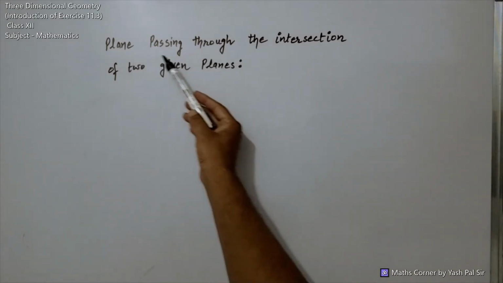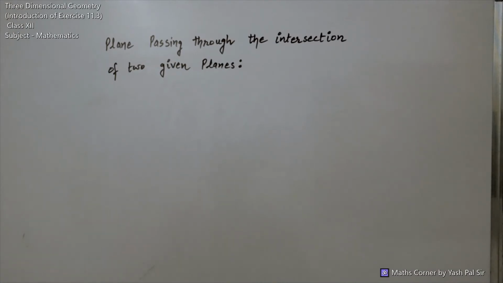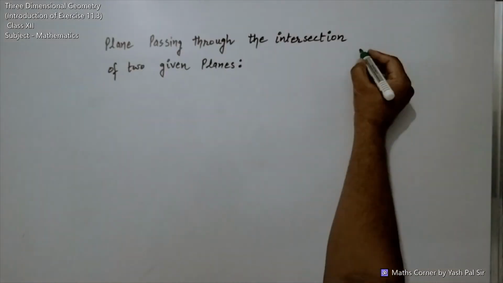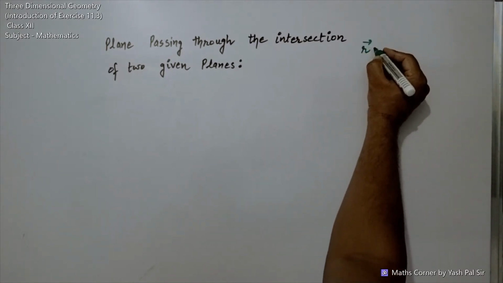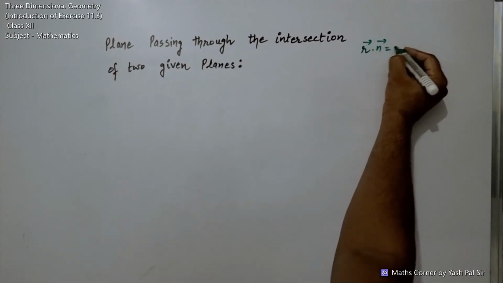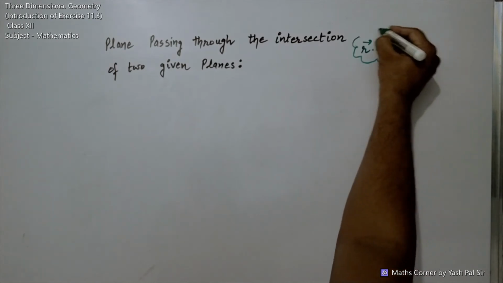Our next target is how to find the equation of the plane passing through the intersection of two given planes. So the very first thing, consider the equation of the plane in vector form. This is r dot n vector is equal to d.